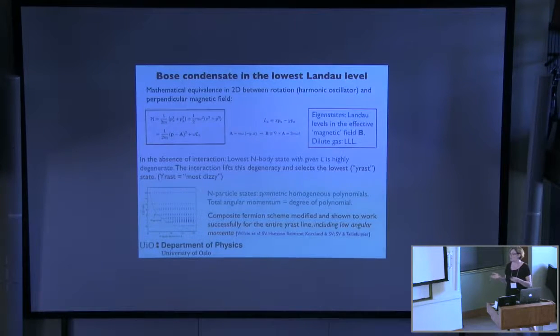It means you act on your Jastrow factor with a whole lot of derivatives to take away almost all the powers of the original Jastrow factors. And so in a sense, you might think you've taken away all the good correlations. Why should this work? And it turns out it works all the way down. So for instance, for L equals N, the composite fermion trial state, in fact, becomes exact in the thermodynamic limit, which was sort of a funny observation, and I'll pick up on some of that later on.